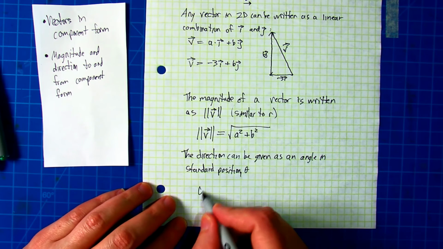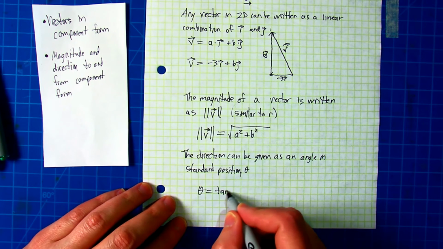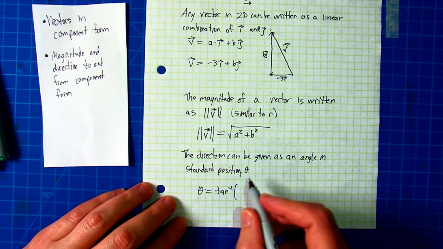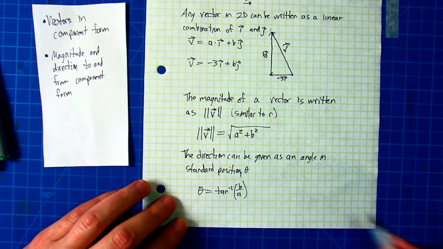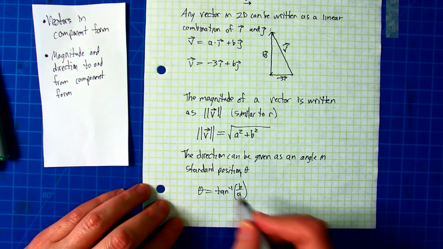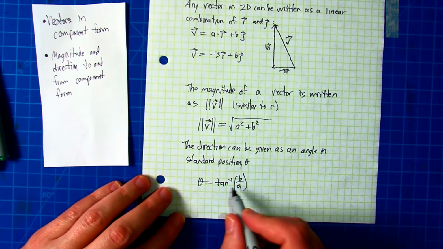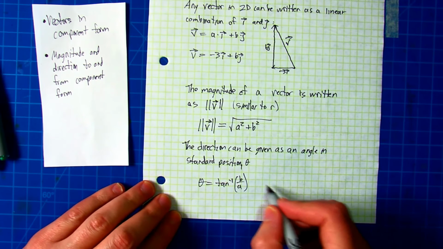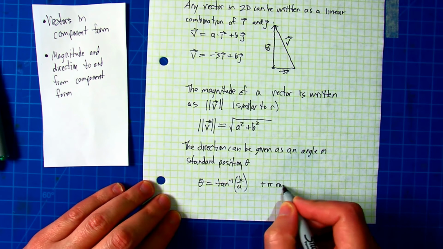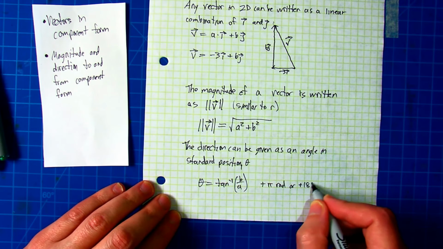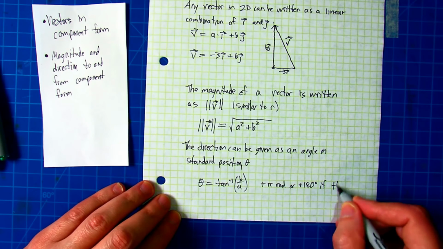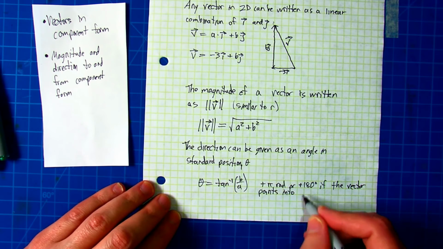And theta you can calculate using the inverse tangent of b over a. But we have to add the usual caveat, because whenever we use inverse trig, there's a chance we're not going to get the number in the right quadrant we want. So plus pi radians or plus 180 degrees if the vector points into Q2 or Q3.